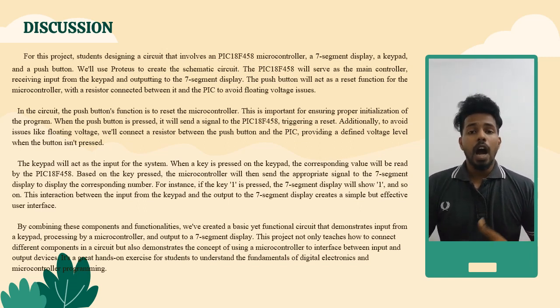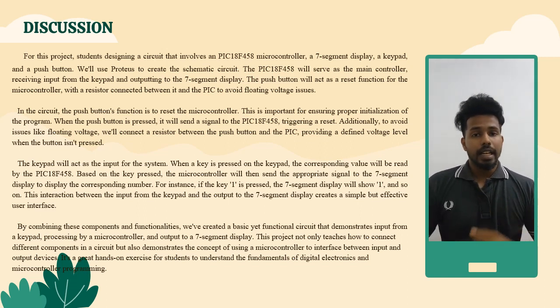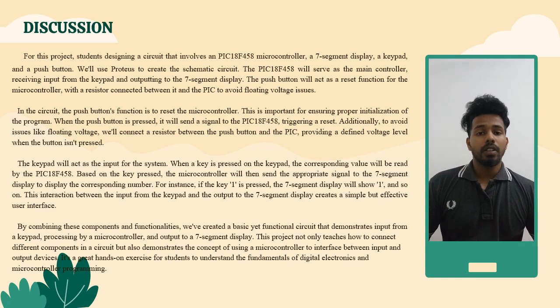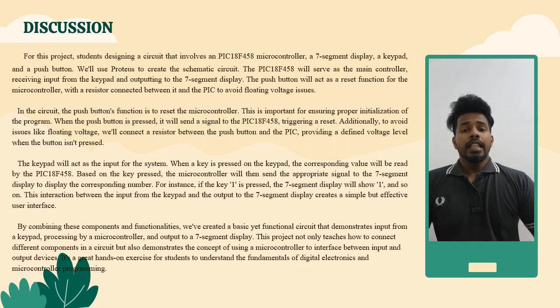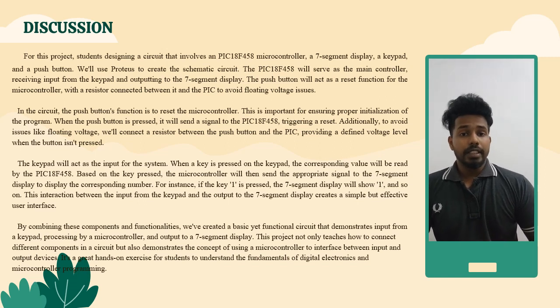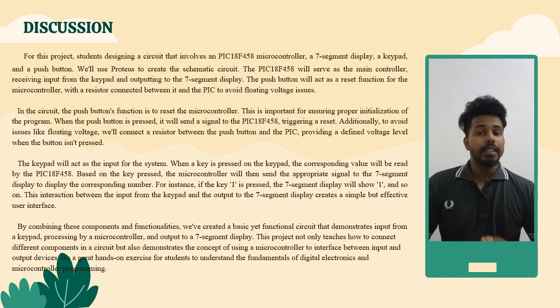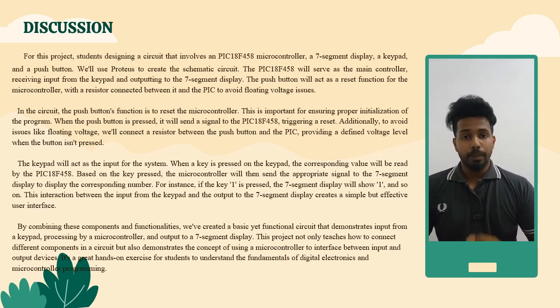The keypad is how we interact with the circuit, and each key press sends a signal to the microcontroller. Depending on the key press, the microcontroller tells the 7-segment display what number to show. This project helps students learn about digital electronics and how to build systems that take input and show output.